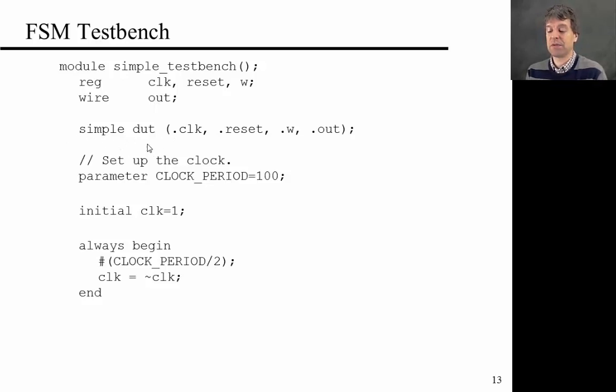That's the state machine we just defined on the last 3 slides. We're going to use a clock. We're going to set the clock period, which is a parameter, to 100. We're going to initialize the clock at 1, the high value, and we will toggle the clock at every 50 time units. Okay, so this is fairly straightforward.